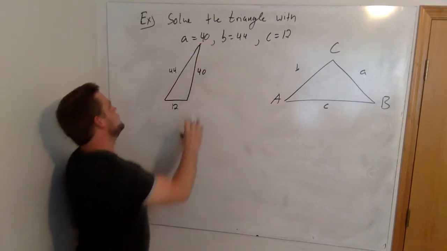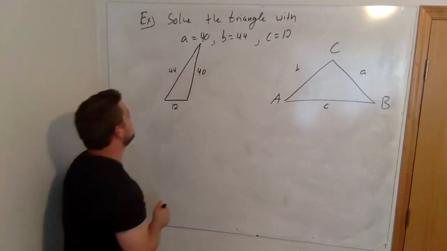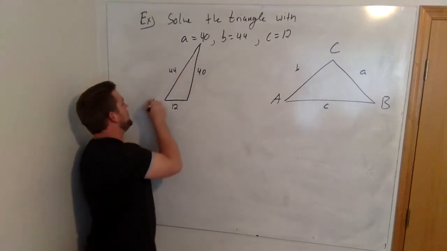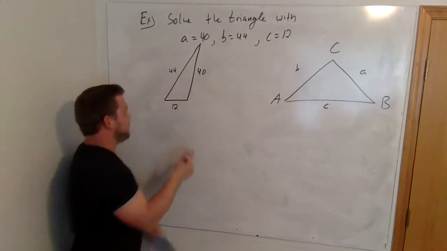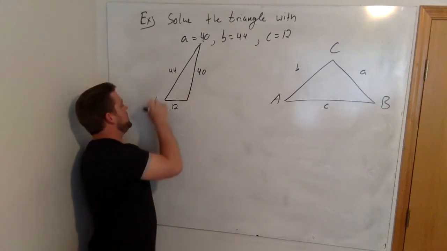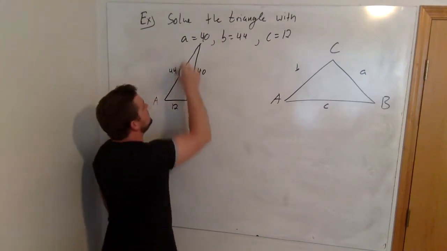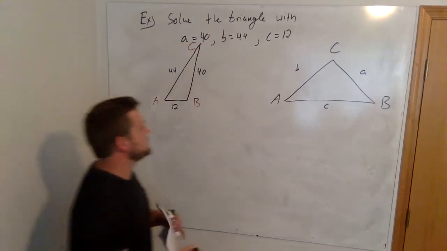I tried to draw it so that this side here is a little bit smaller than 44. But here's our triangle. So this will be A, this will be B. Let's do those in different colors, because that's basically what we need to find here. We need to find angle A, figure out what angle B is, and also think about what angle C is. So we're missing the three angles.